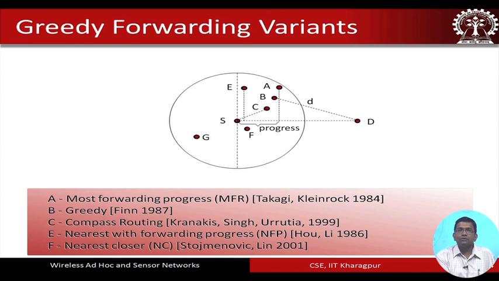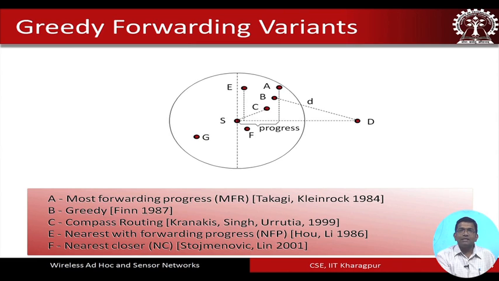This most forwarding progress is determined by taking the projection of node A onto the line connecting S and D. Node B is another option because node B is closer to node D than all the other nodes in the vicinity of node S. So, this distance to D can be used as a metric to send to node B. This is a greedy approach that can be adopted as well.